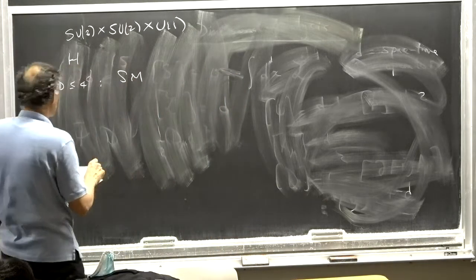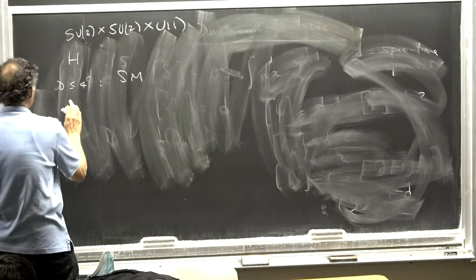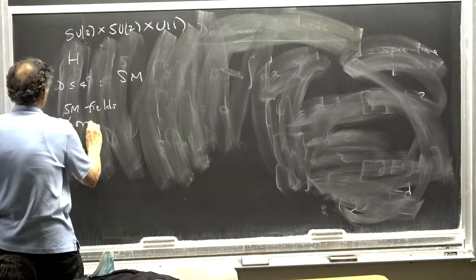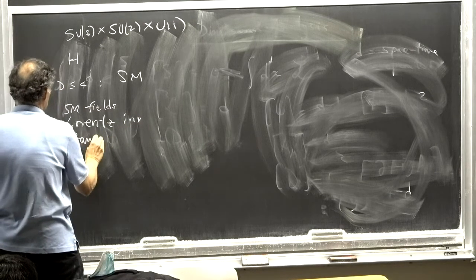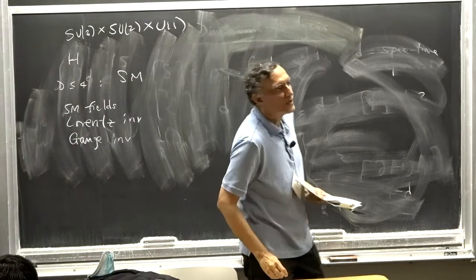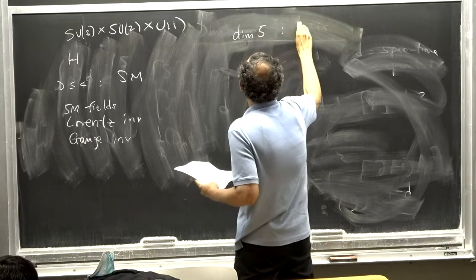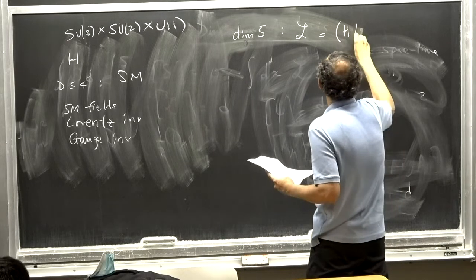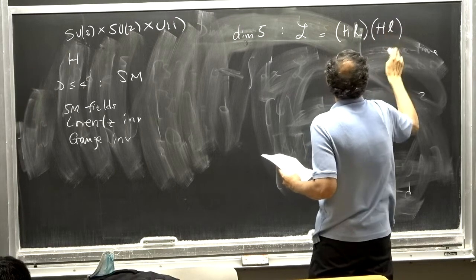We want the standard model fields, and we need Lorentz invariance and gauge invariance. The first operator you can write down is dimension 5, and it has the structure, so I won't write down all the indices, but it's Higgs field, lepton doublet, Higgs field, lepton doublet, 2 factors.